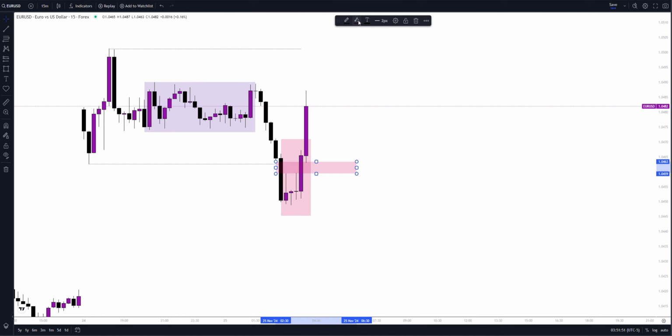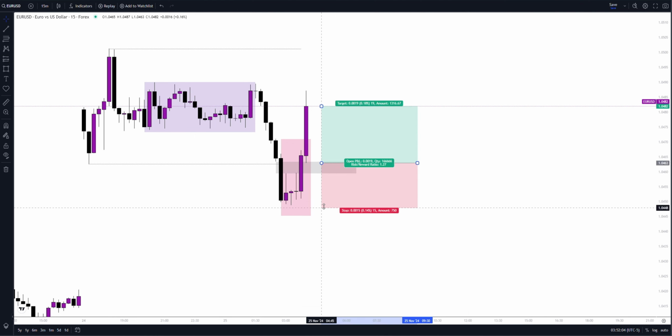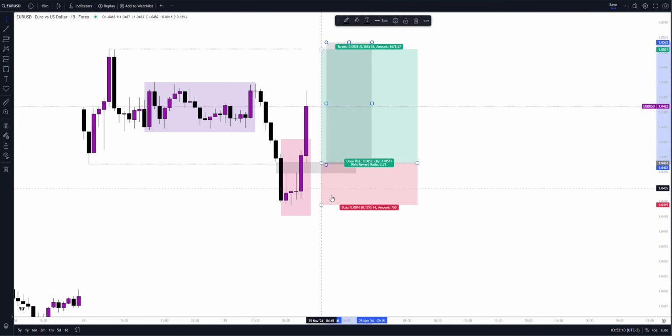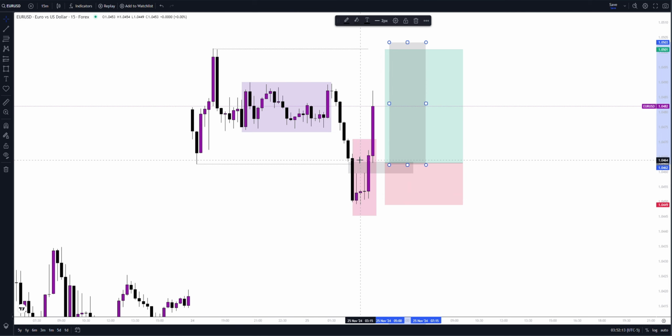We can use it as our entry model. We touched it, and now we are looking for price to go above. We have accumulation, manipulation, and now we are looking for the distribution phase. This is what we call the distribution. We have this inversion as our entry model. So let's see what is going to happen.